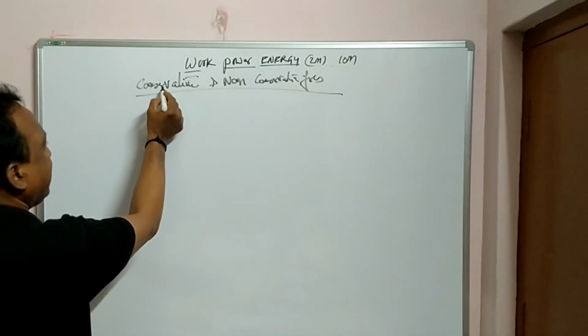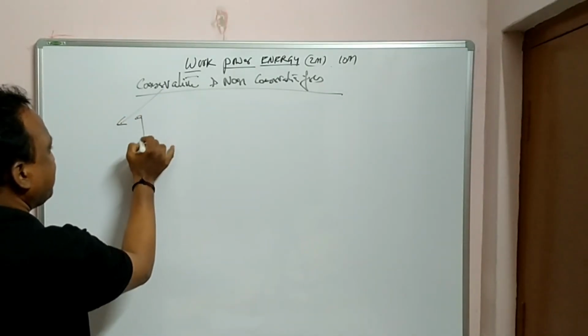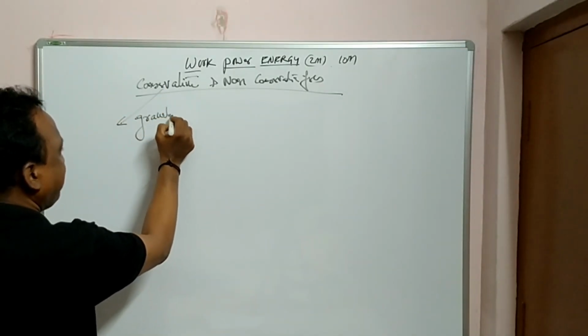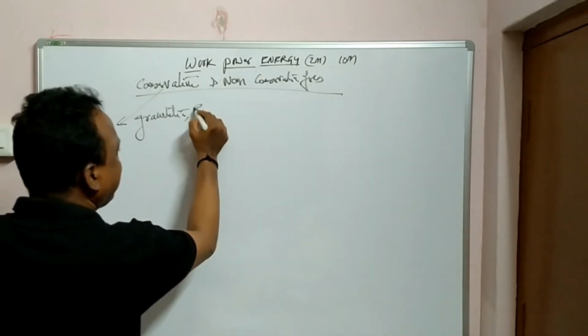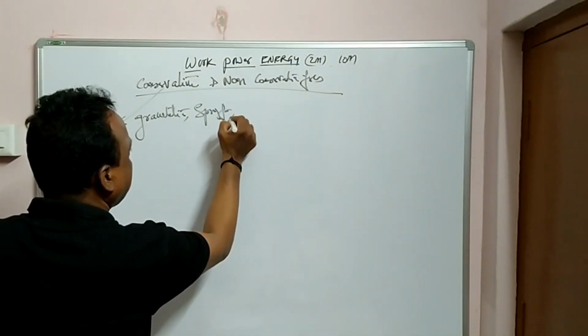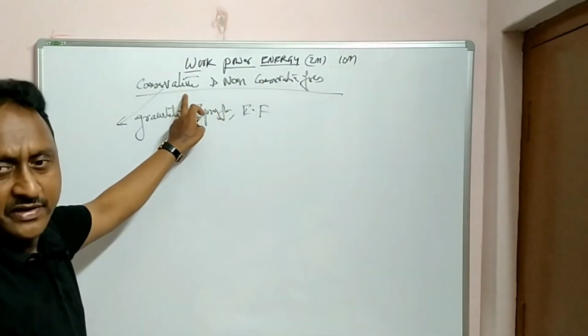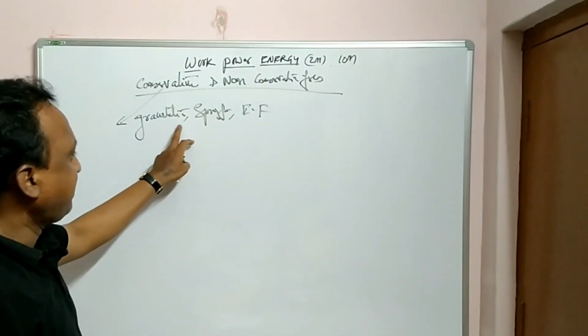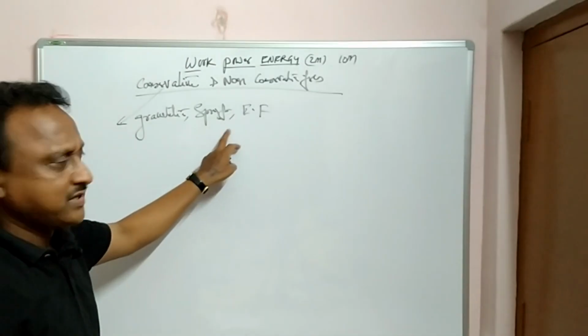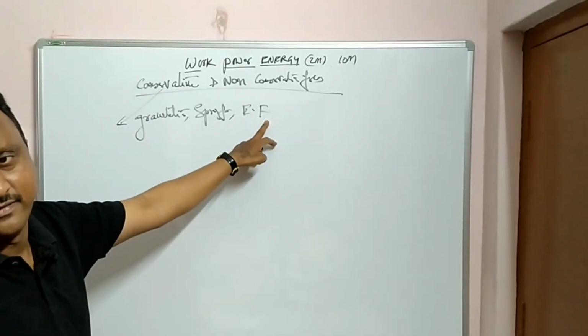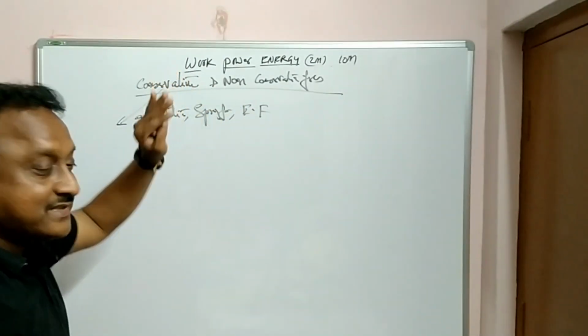See, generally conservative forces means best example is gravitational, spring force, electrostatic force. These are the best examples for conservative forces. Gravitational force, spring force, electrostatic force in second year. Okay, electrostatics.